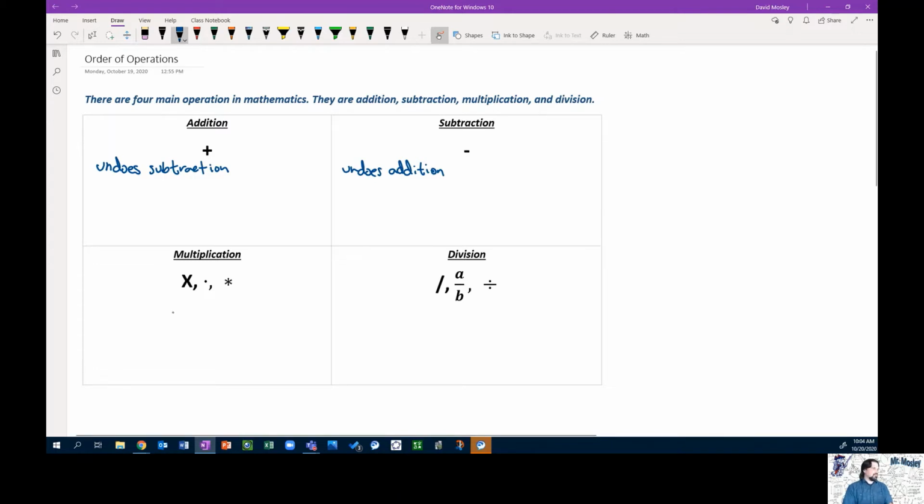We have multiplication here. Multiplication can be thought of as repeated addition of the same number. In division, you can also think of that as repeated subtraction of the same number.